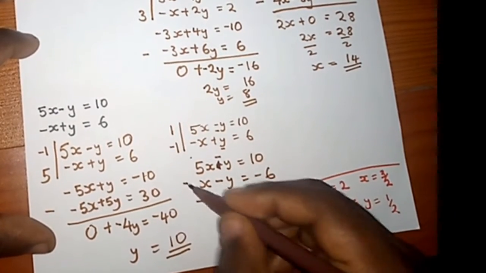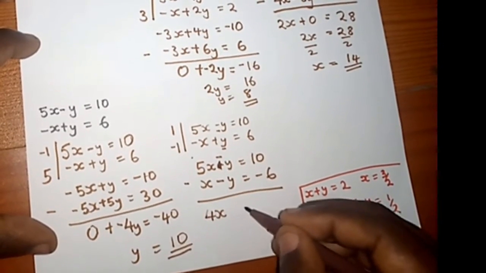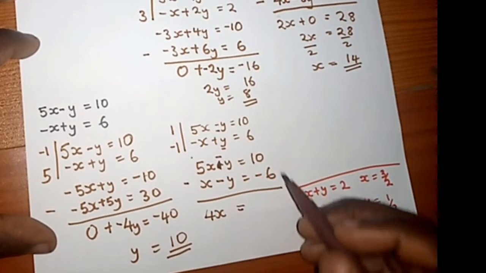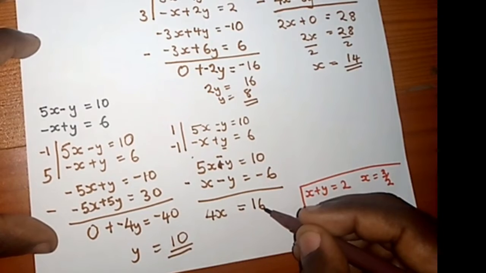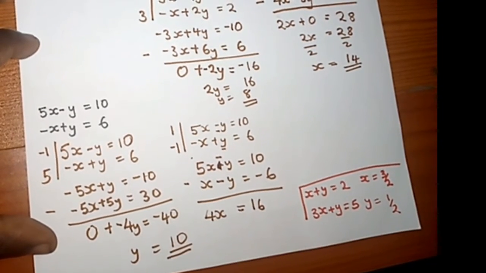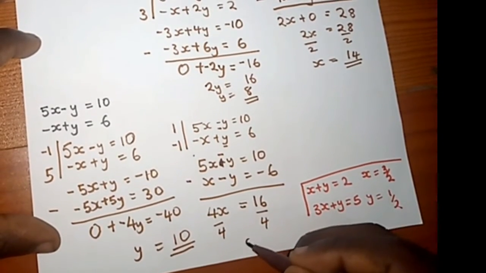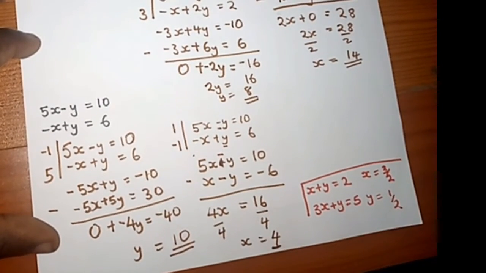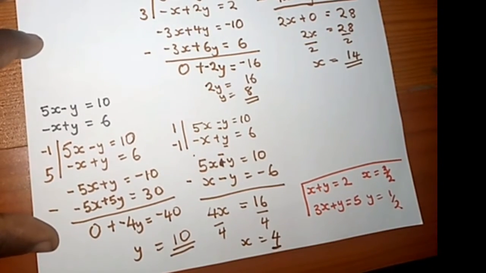So if I subtract the two equations, 5 minus x, I get 4x. It's 10 minus 6, here I get 16. And if I divide 4x by 16, my final answer for x will be equal to 4.